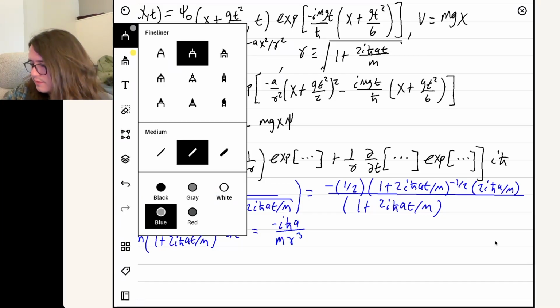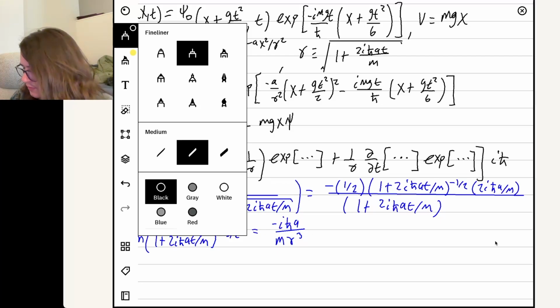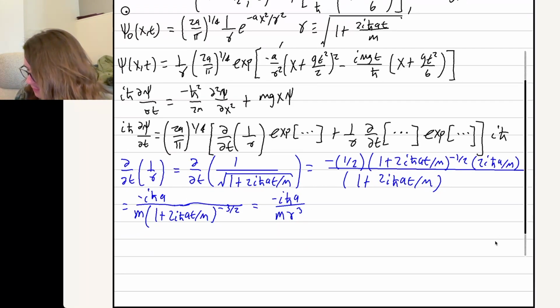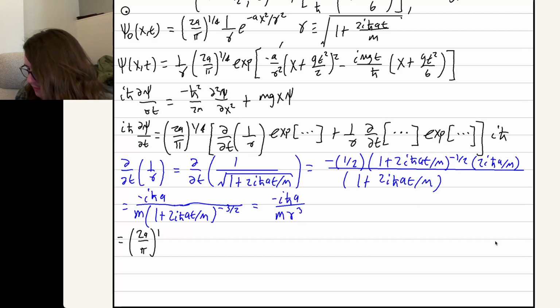Then we'll switch back to our derivative. So we've got (2a over pi) to the 1/4 i h bar, minus i h bar a. Both of these terms are going to depend on the exponent actually, so let's factor out a 1 over gamma from all of it, and also the exponent term, right?